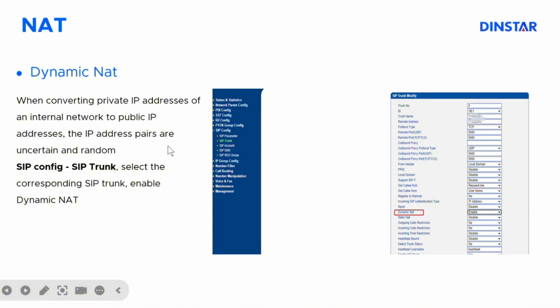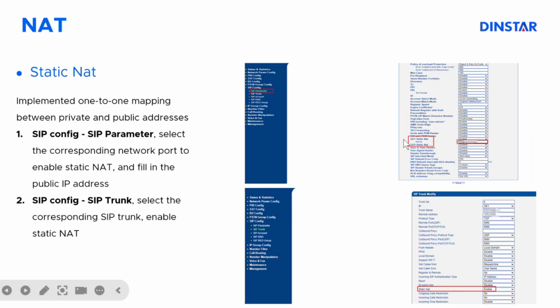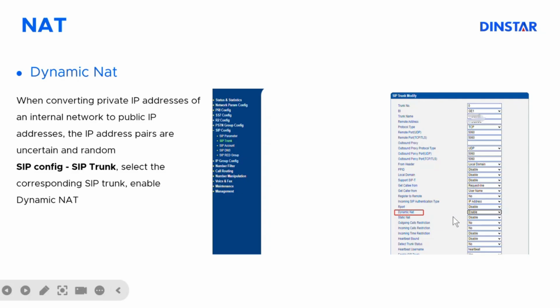This helps ensure better compatibility and stable communication even when the public IP is changing. And we just need to enable it in the SIP trunk parameters. But unlike the static NAT, we don't need to fill in the public IP. For the dynamic NAT, we just enable this option, and it makes sense.